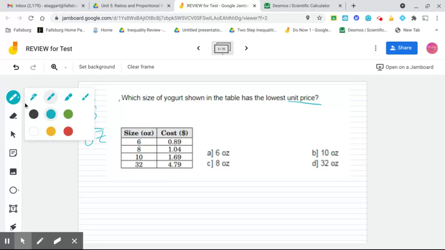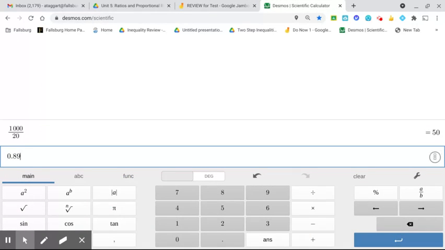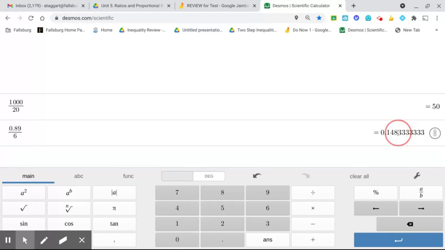So my first one, I'm going to take 89 cents and I'm going to divide by 6 ounces. So I'm going to use my calculator, 0.89 divided by 6. Now we are talking about money here, so I do want to round this to the nearest cent. So I'm going to stop at 0.14, but I do look next door and there's an 8.